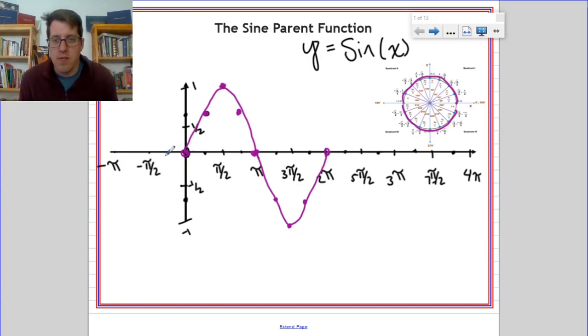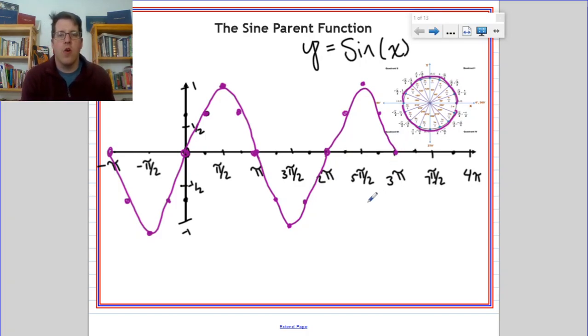If I need to find this value over here, it would be negative root 2 over 2, -1, negative root 2 over 2, 0, like that. And the same thing here. Just past 2 pi would be root 2 over 2, then 1, then root 2 over 2, then 0. So it just goes on like this over and over again, to negative root 2 over 2, -1, negative root 2 over 2, 0.